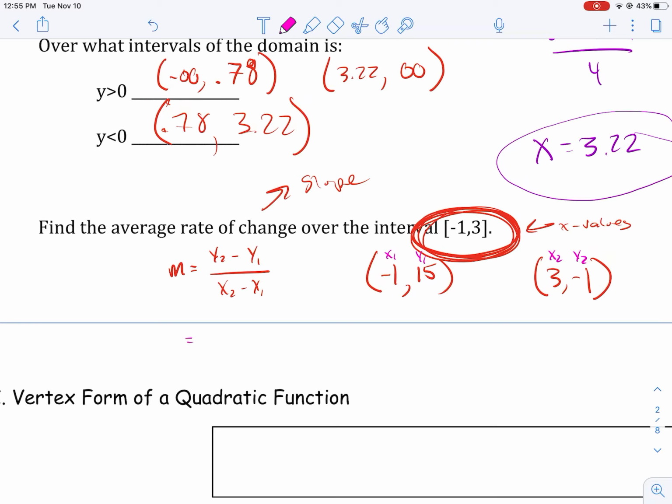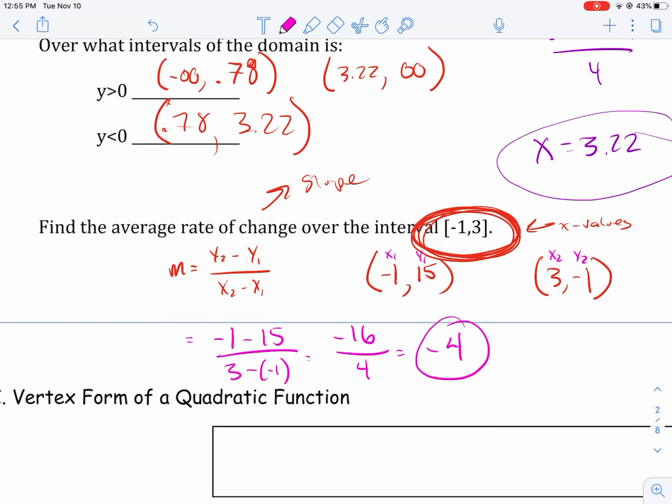I go -1 minus 15 all over 3 minus -1. On the top I get -16, down below I get a positive 4, and -16 divided by 4 is -4. So our average rate of change is -4.